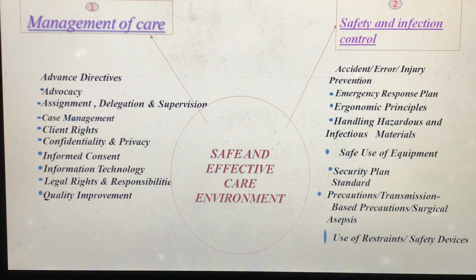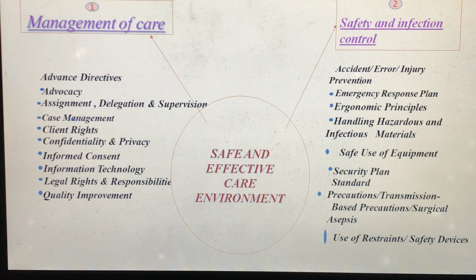Then safe use of equipment, then security plan, standard precautions, transmission-based precautions, surgical asepsis, then use of restraints or safety devices, and what is the policy. I think some other hospitals have their own protocol, but when we are preparing for the NCLEX-RN exam, there are certain protocols which are followed all over the United States of America.